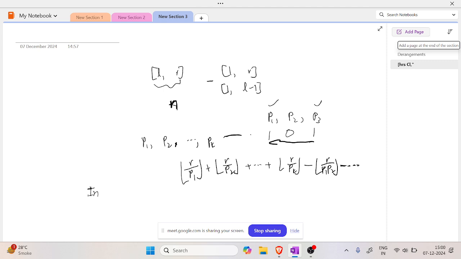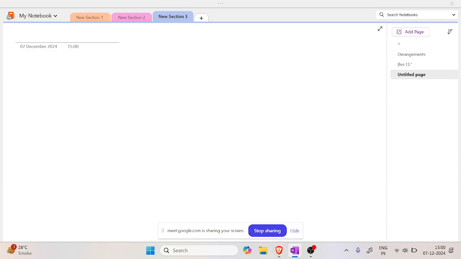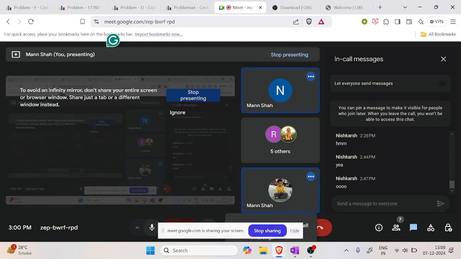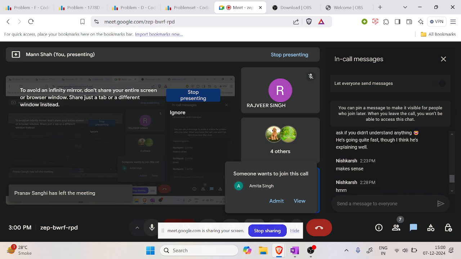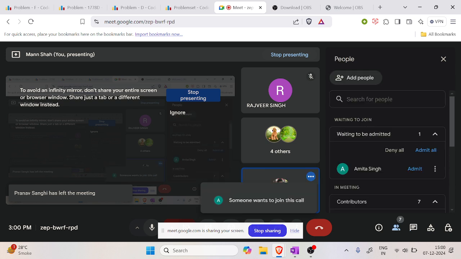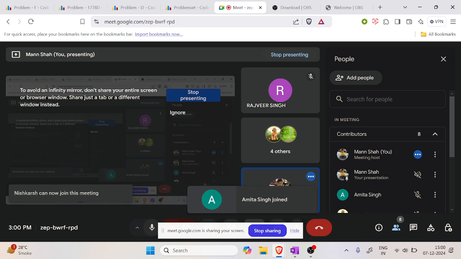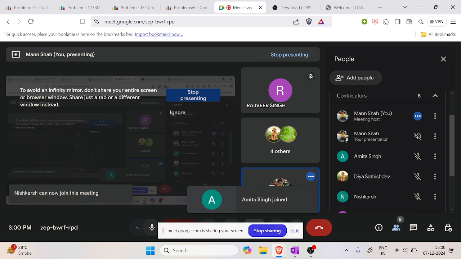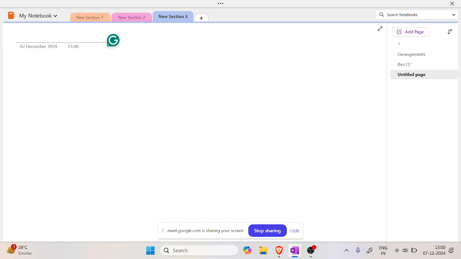So the next thing we will do, hopefully you all know about recursion, where something is expressed in terms of its past terms.